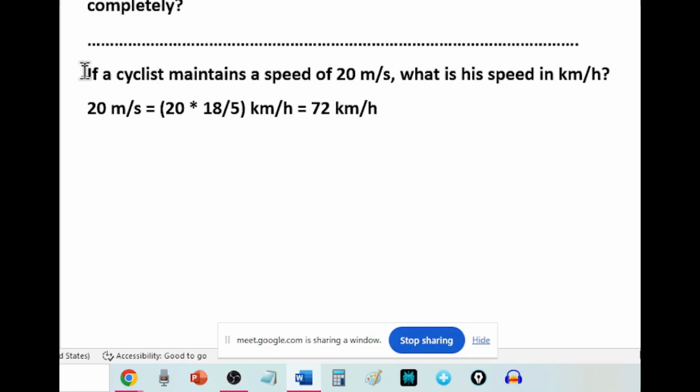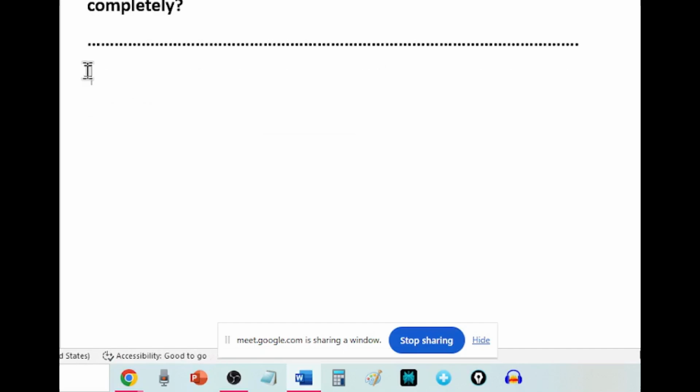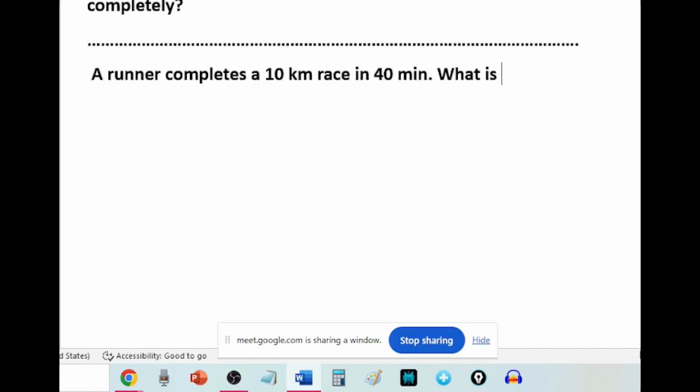Now, second one. A runner completes a 10-kilometer race in 40 minutes. What is his speed in kilometer per hour?